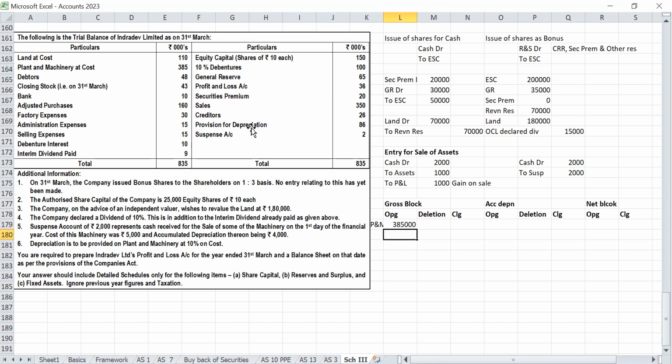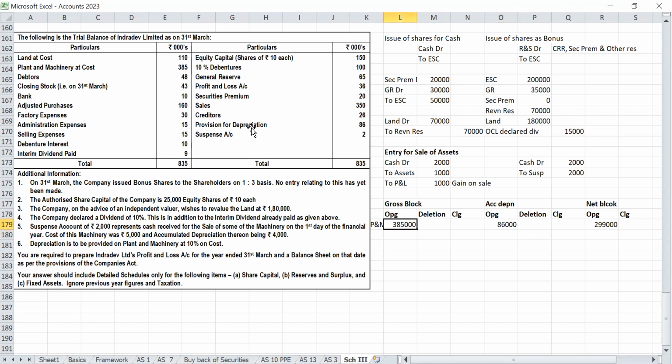Correct? In that accumulated depreciation, provision for depreciation 86. So what will be the WDV? 2,99,000. Clear?